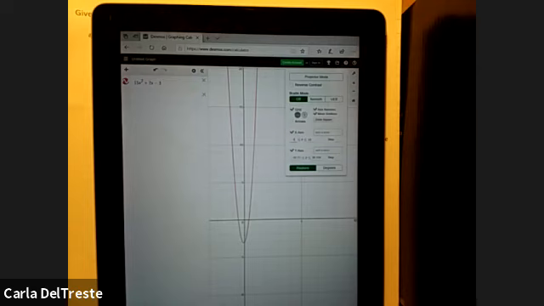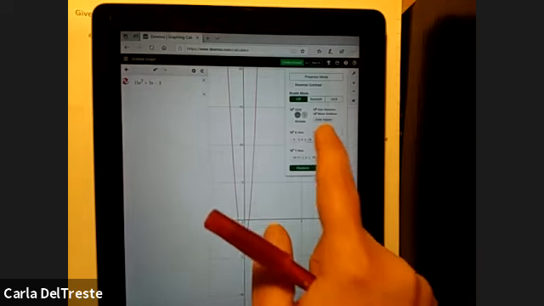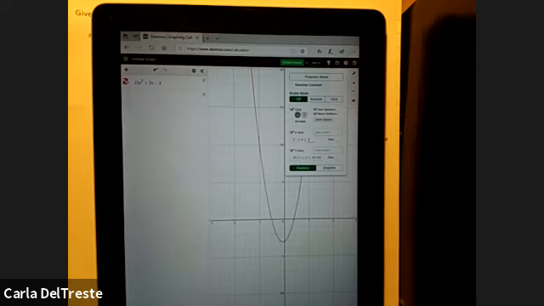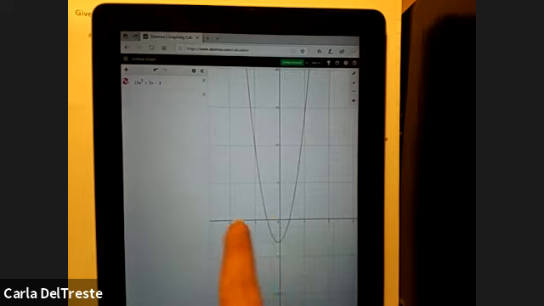So we're changing this to -3, and we're going to change the max to 3. So now you can see that changed my x axis. And the y axis doesn't really matter. I'm still seeing the whole graph. So if you want to play around with that, you can. But that would be how you adjust the window on Desmos.